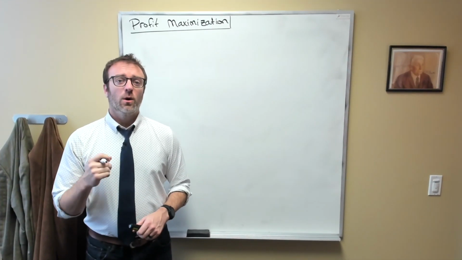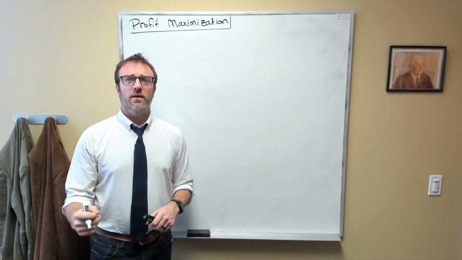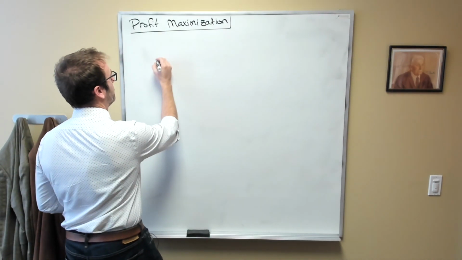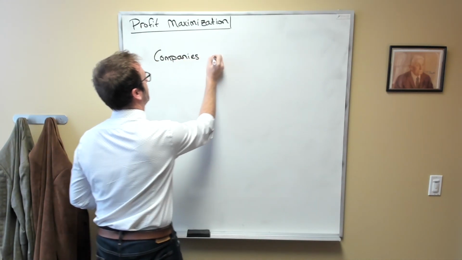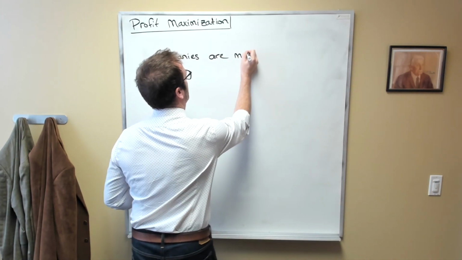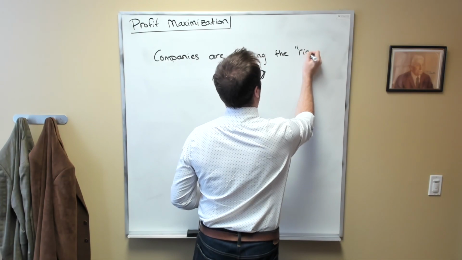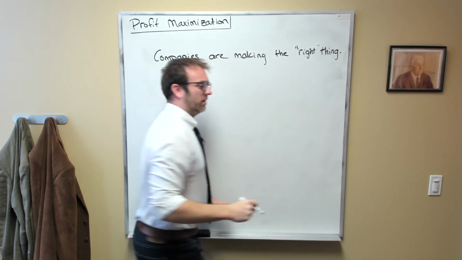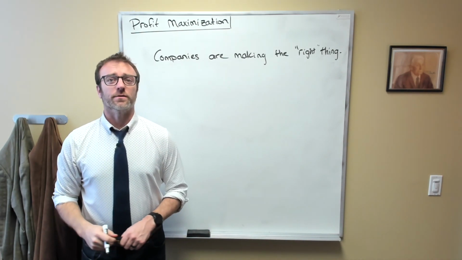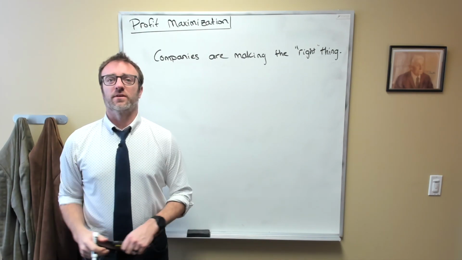So now, we're ready to understand the idea that companies are currently making the right things. So I'm going to make a bold claim here. Companies are making the right thing. If they weren't, then there would be money to be made by switching to making something else.